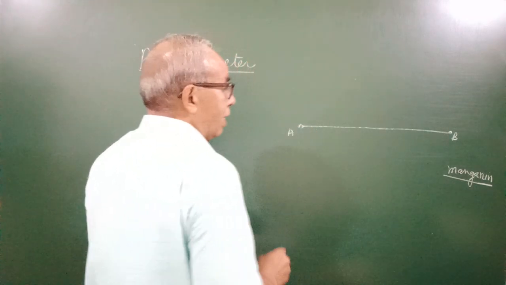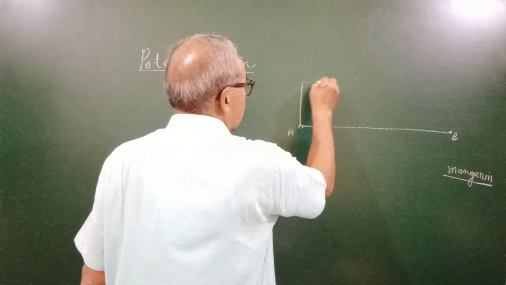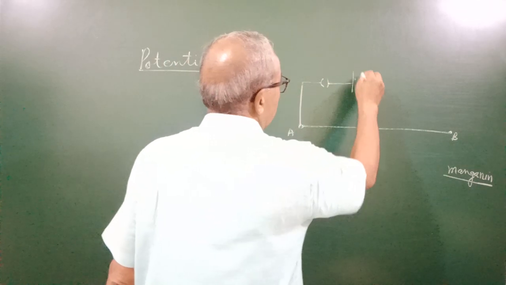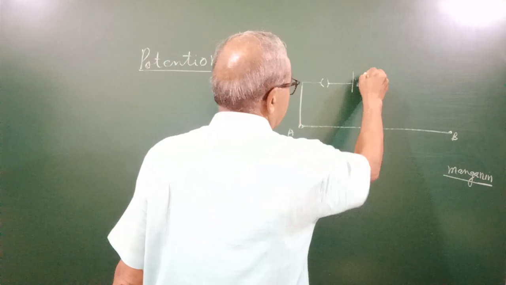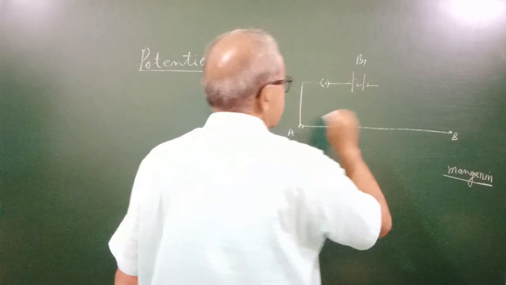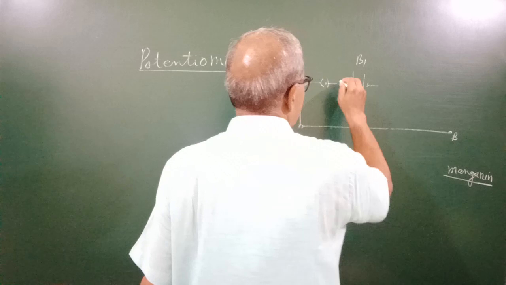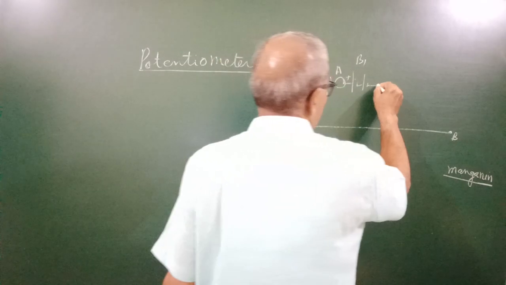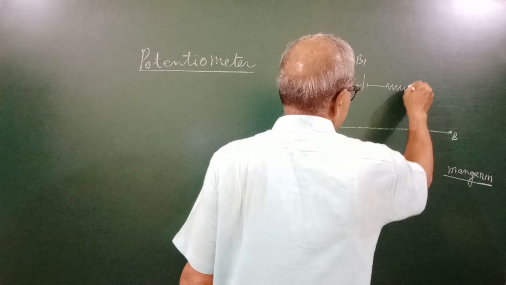This is simply a wire AB which is connected across a battery B1, through this key K. We can connect an ammeter also, and a rheostat here.